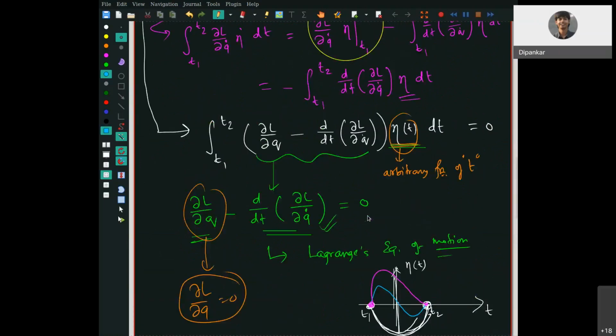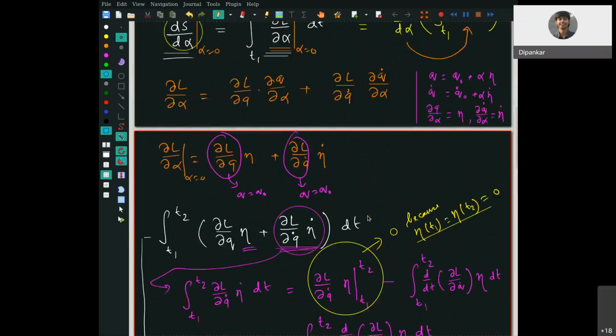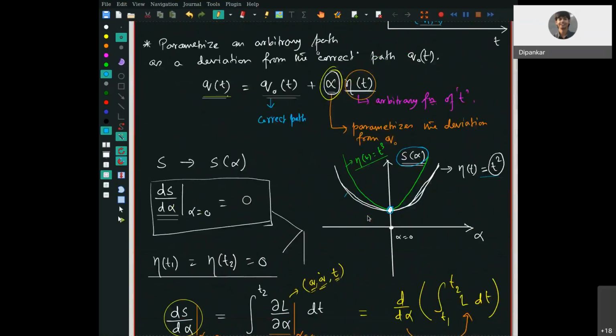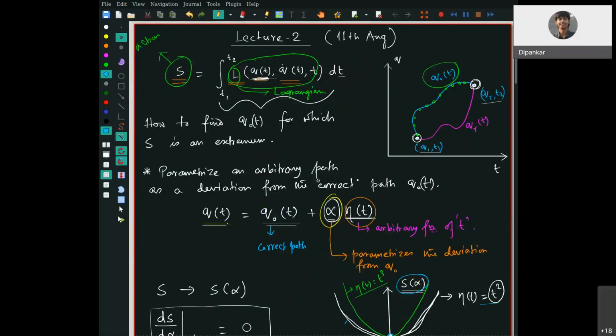Up until this point, what I have done is that there is an abstract mathematical construct, what I call action, that is just a definite time integral of a function that I call L that has no physical meaning yet.